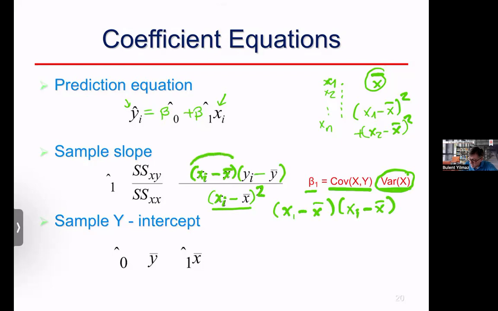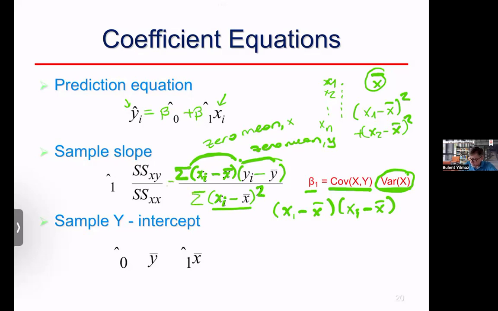Now this is zero mean for x, again zero mean for y. Then I'm going to multiply them and add them up for all i's.